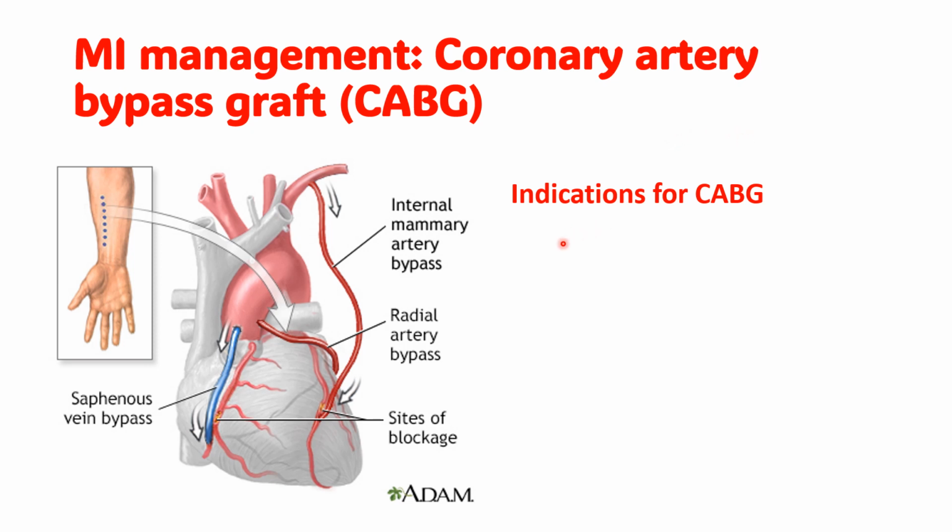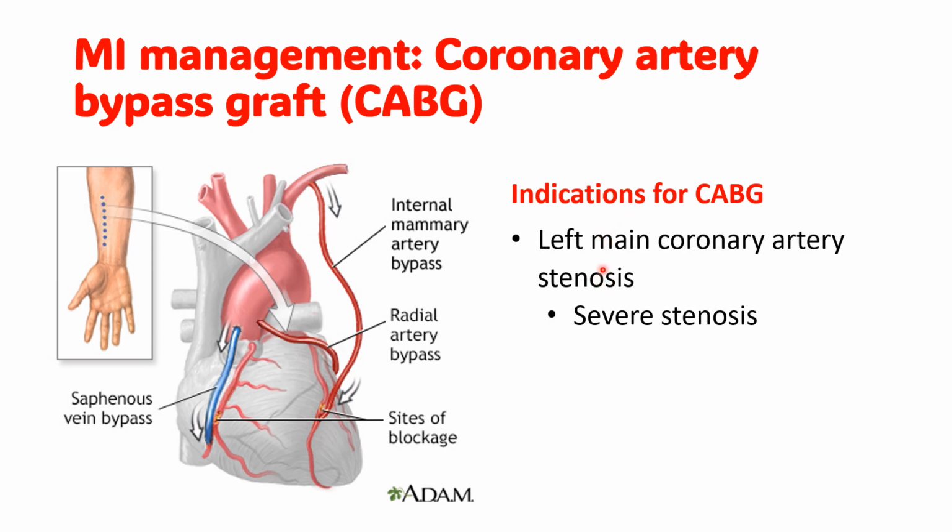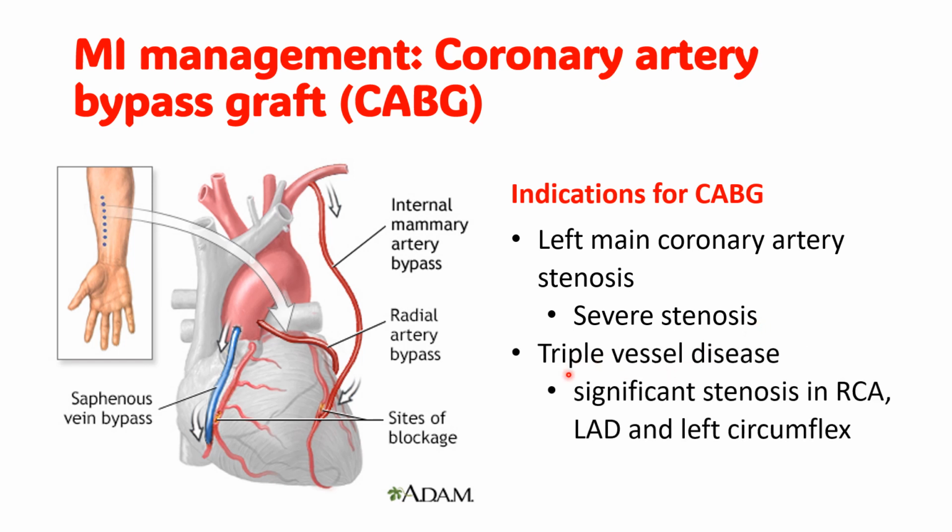the heart's still beating. So let's just look at some of the indications. So if there's left main coronary artery stenosis, and this stenosis tends to be severe, or if there's triple vessel disease, including the RCA, LAD, and the left circumflex artery, or if there's severe pain post PCI, they might consider doing a CABG.